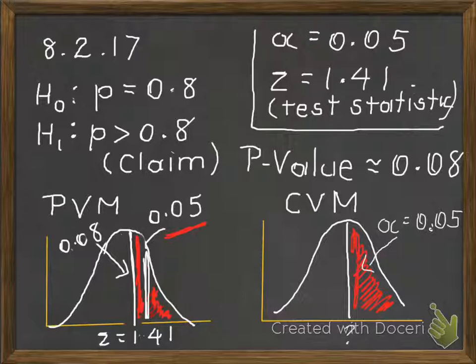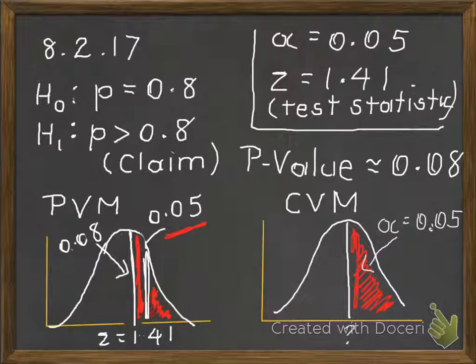Only when the p-value is low can the null hypothesis go. The p-value has to be lower than the significance level for the null hypothesis to go.